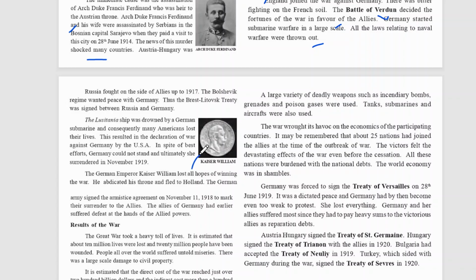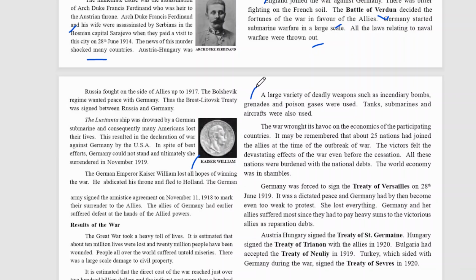The result of the war is that the Great War took a heavy toll of lives. It is estimated that about 10 million lives were lost and 20 million people were wounded. People all over the world suffered untold miseries. There was large scale damage to civil property. It is estimated that the direct cost of the war reached just over $200 billion, and the indirect cost more than $150 billion.